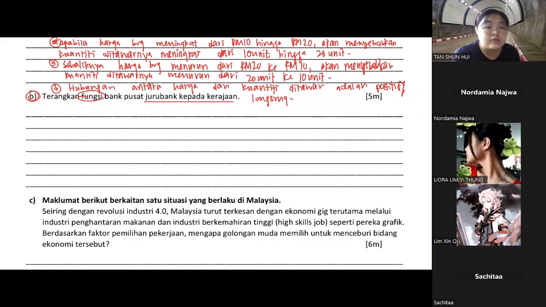Berikan maklumat berikut berkaitan satu situasi yang berlaku di Malaysia. Seiring dengan revolusi industri 4.0, Malaysia turut berkesan dengan ekonomi gig. Terangkan.